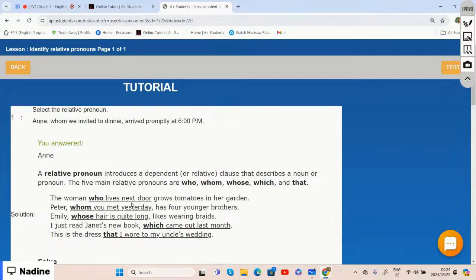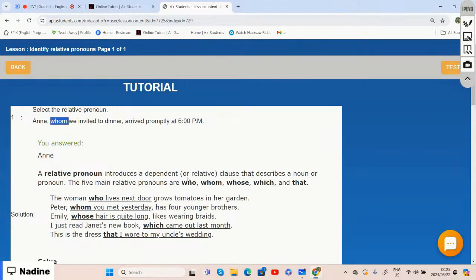And whom we invited to dinner arrived promptly at 6 p.m. If we select the relative pronoun, then whom it is.